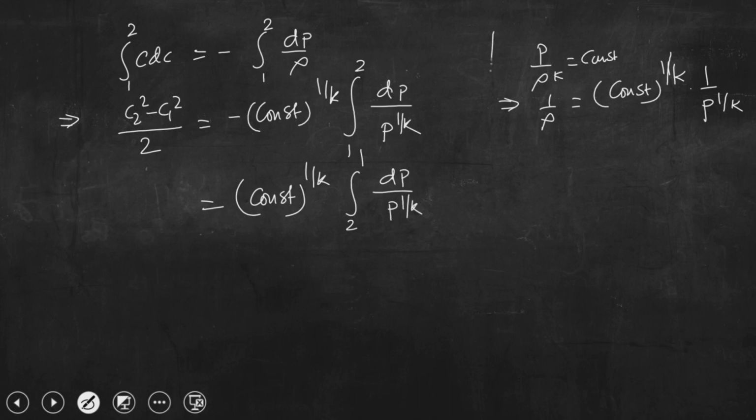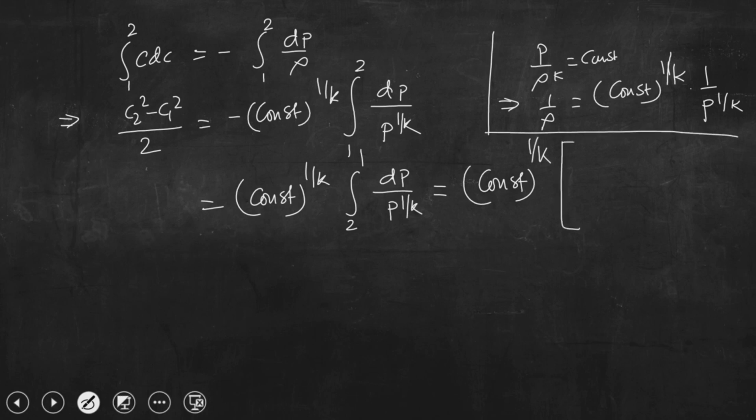So, if we go one step further, we can write that is constant to the power 1 upon k into P1 to the power k minus 1 upon k minus P2 to the power k minus 1 upon k, divided by k minus 1 upon k.